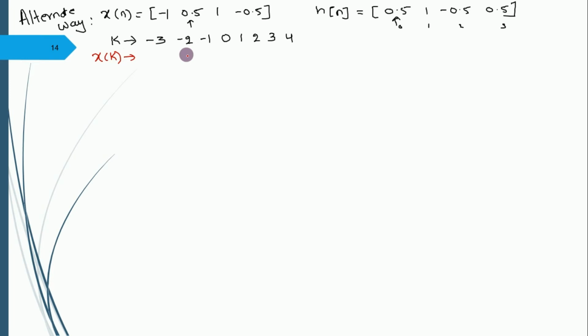At 0, I'm having 0.5, and at minus 1, I'm having minus 1. Everywhere else on the left side, I'm having 0. On the right side, I'm having 1 at 1. Here I'm having minus 0.5. I mark this window where it has non-zero values.